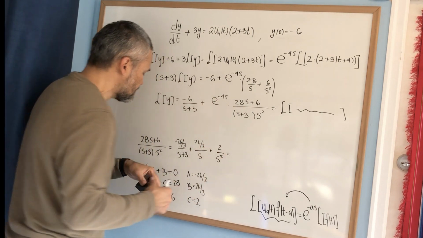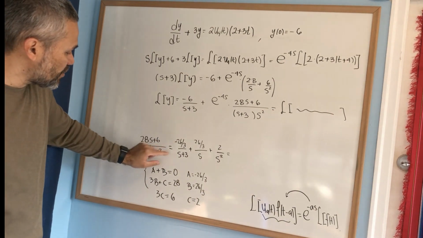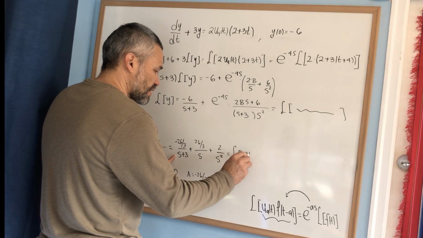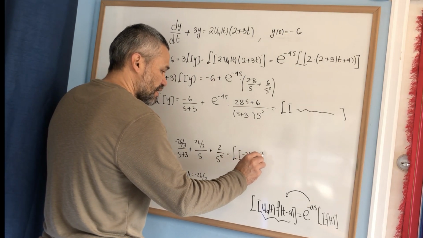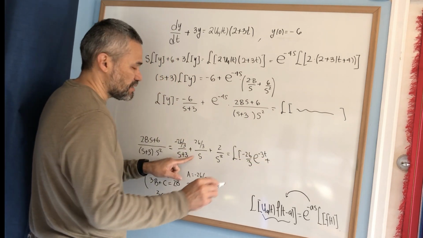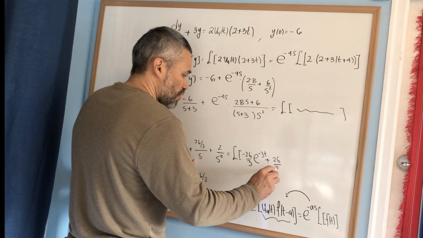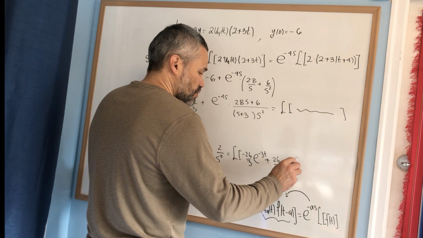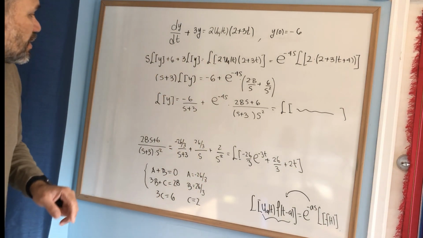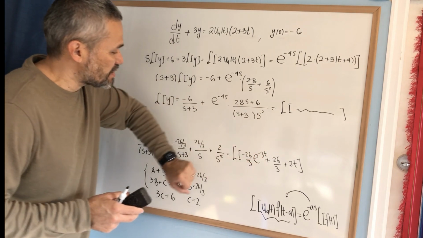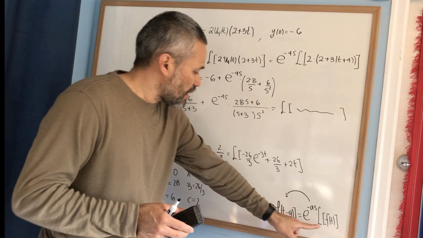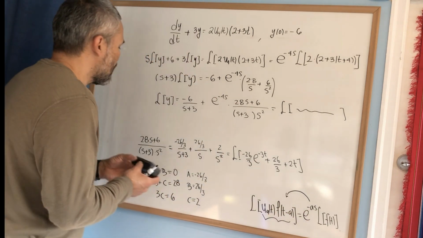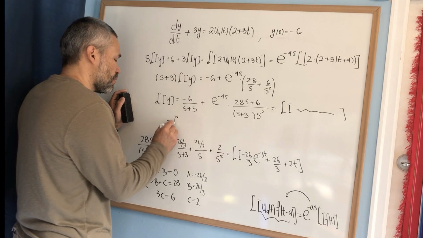Notice that now it's easier to compute the Laplace transform inverse of this expression, because we know that this part is the Laplace transform of negative 26 over 3 e to the negative 3t. This part is the Laplace transform of 26 over 3, and this part is the Laplace transform of 2t. That means that this expression is this Laplace transform, and therefore, using this formula from right to left, we can see that this is the Laplace transform.